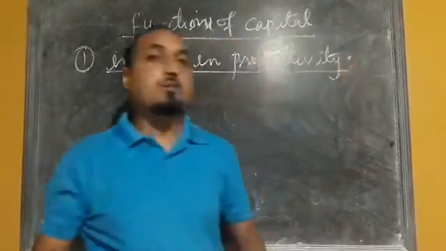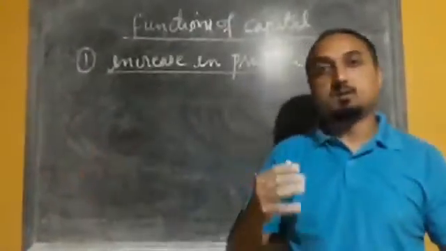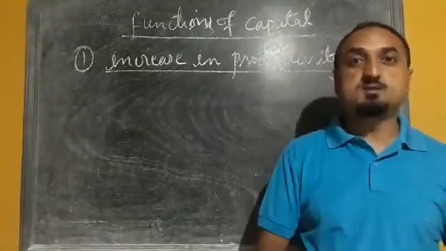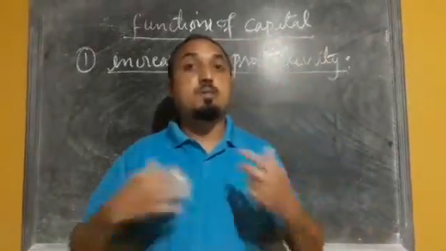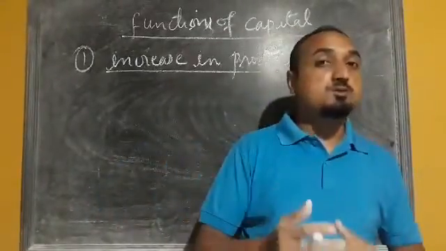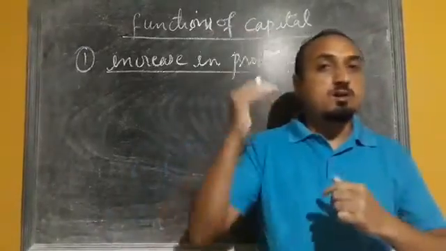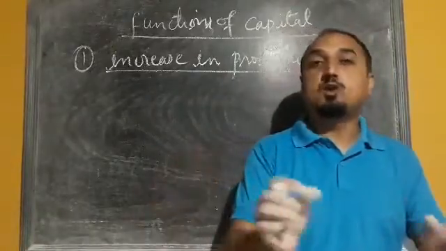So when we are using machinery, equipments or capital in the production process, the per worker or the employees' productivity has increased. So due to use of machinery equipments, the production process has increased. Or we can say that the production can be done maximum in a very short period of time.